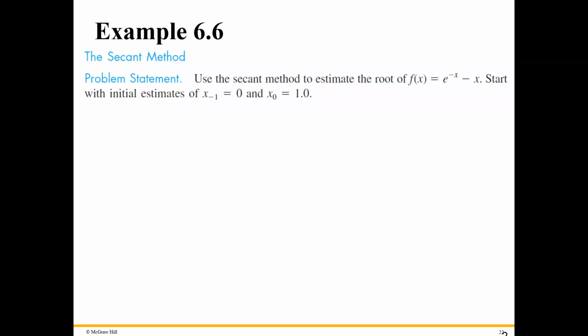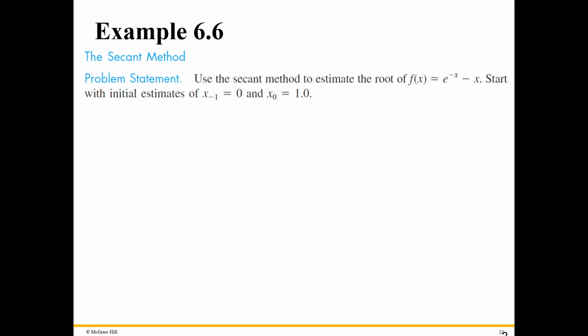Okay, so we were talking about the secant method. Remember that in the open methods, first we talked about the simple fixed point iteration method, then the Newton-Raphson method, and now the secant method.